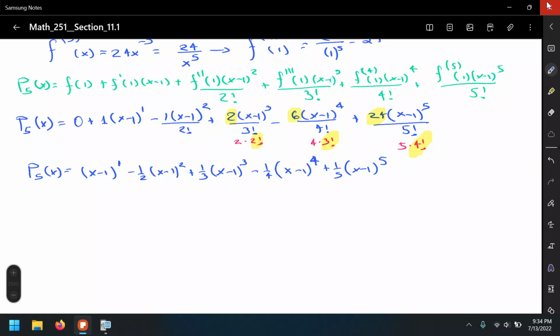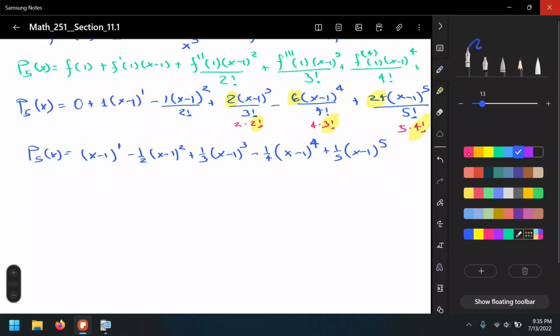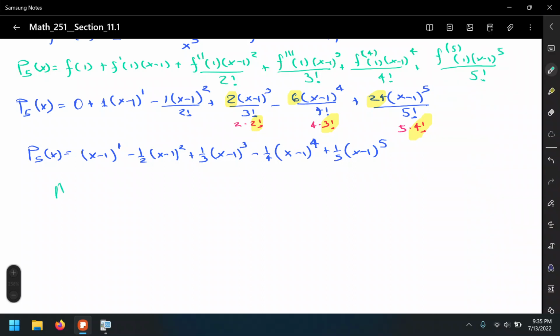All right, so let's see what the approximations are over here. Well, so approximate ln of 1.5. All right, so here's what we're going to do.